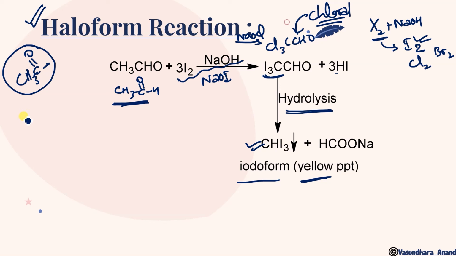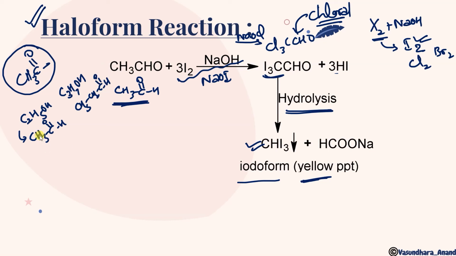Another example I'm giving you: C2H5OH and C3H7OH. How will you identify that this one is ethanol and this one is propanol? So what you will do is just oxidize these, and oxidation will give you CH3CHO, isn't it? And this will give you CH3CH2CHO.